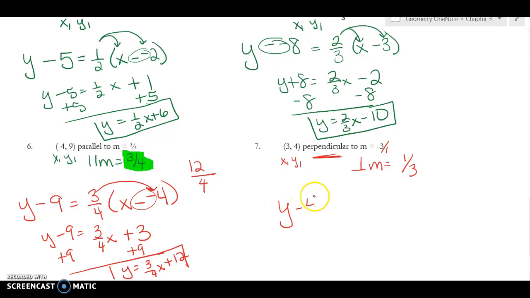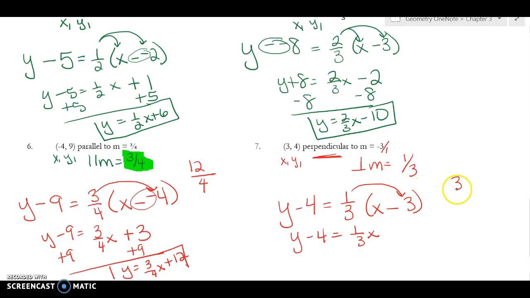And so y minus 4 is equal to m, 1/3 times x minus x1, which is 3. So I get y minus 4 equals 1/3 x. Okay, let's multiply our fraction again. 1 times 3 is 3, divided by my bottom 3. So I just get 1. And to get rid of a minus 4, I add 4. And so I get y is equal to 1/3 x plus 3.